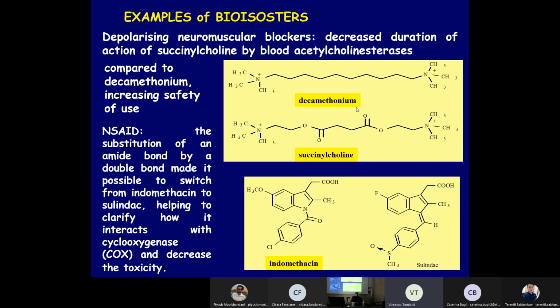Decamethonium is a compound with two quaternary protonated nitrogen atoms, permanently charged nitrogen atoms. This compound is able to block the muscle contraction, interacting with the acetylcholine receptor in the neuromuscular junction.